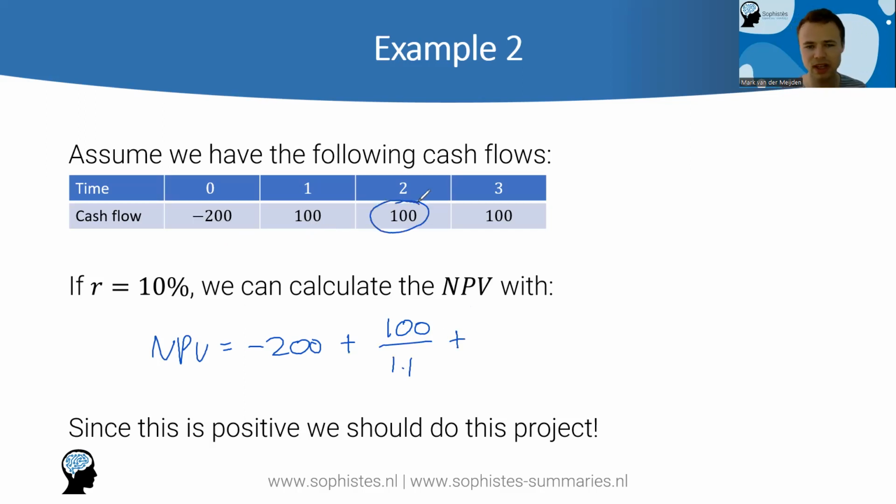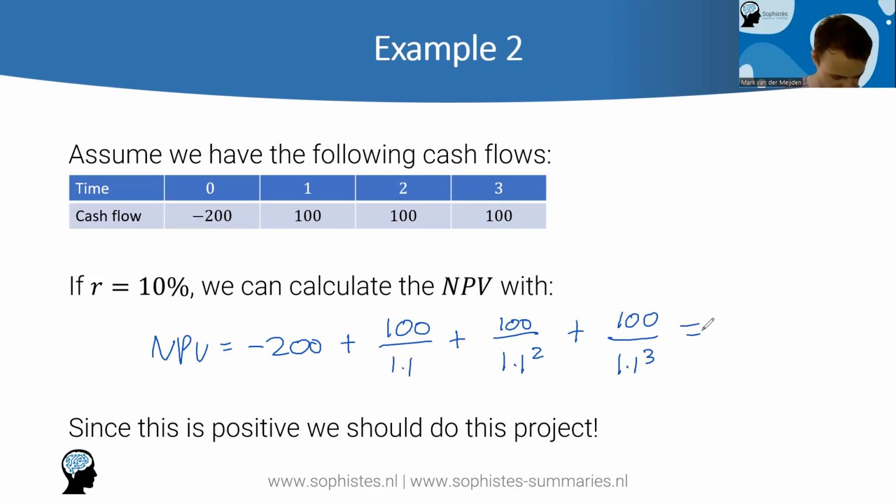However, this 100 that we get 2 years from now, I have to bring back 2 years into the present. So this one will be divided by 1.1 to the power of 2. And this third one will be 100 divided by 1.1 to the power of 3. Okay, could somebody calculate this for me? What do we get? And I will also calculate with you.